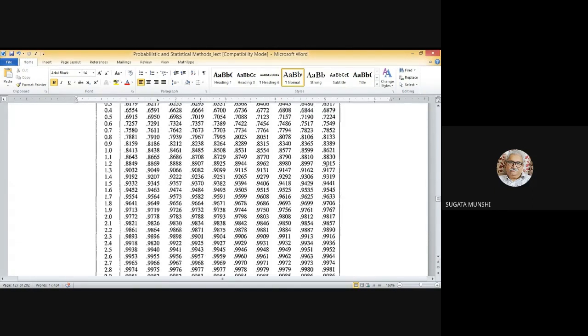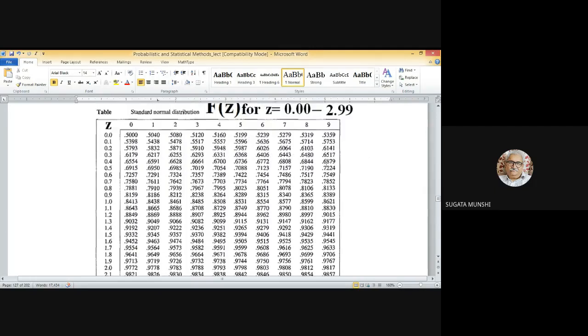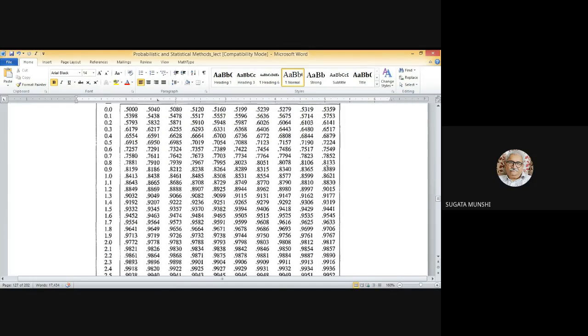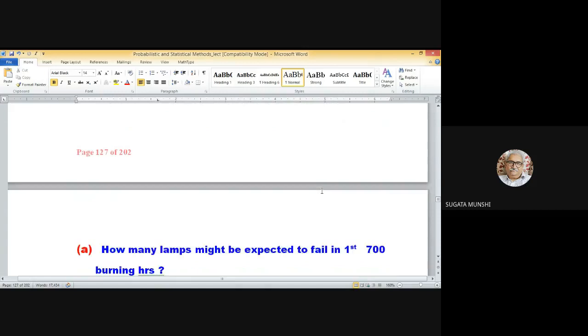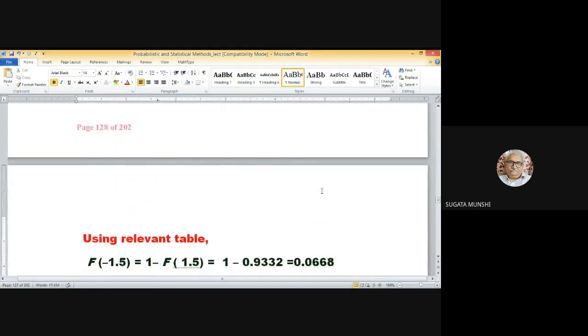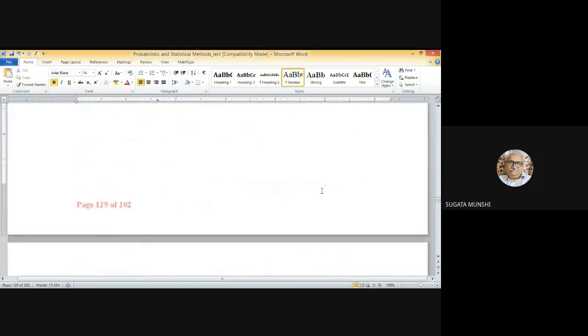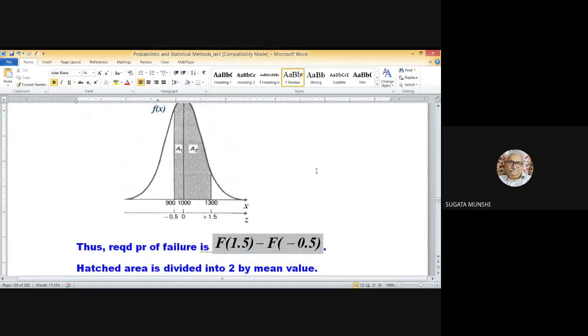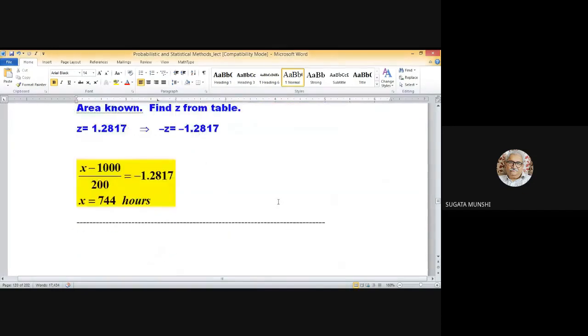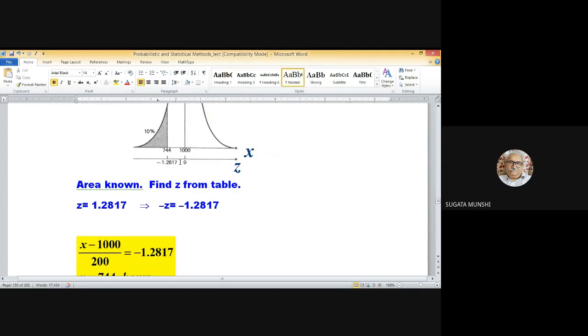So it is between 1.28 and 1.29, something like that. So by linear interpolation, it came out as 1.2817. Do you understand? Yes, sir.